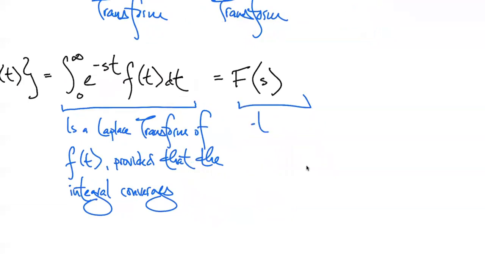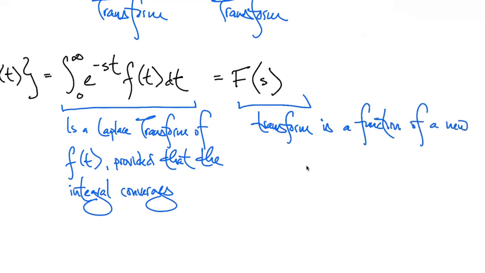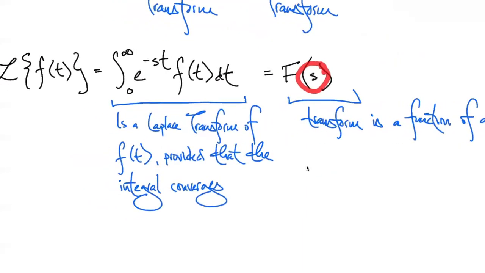This part is called the transform. Okay, so capital or uppercase F of s is the transform. And a transform is a function, right? So it is a function of a new variable. So we'll notice here that this letter inside the parentheses is not a t anymore, right? So we started with f of t, lowercase f of t, and we're ending up with uppercase F of s.